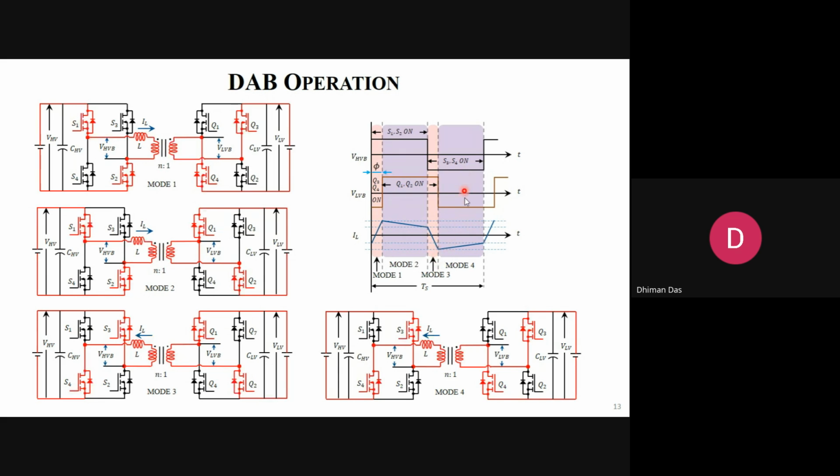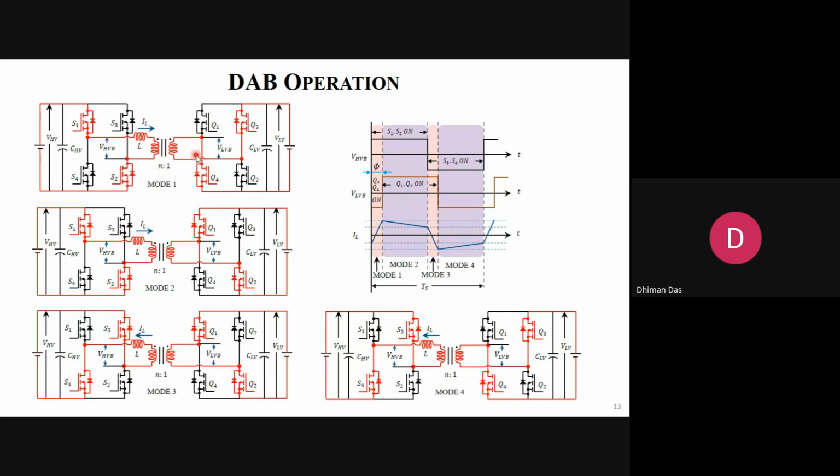Now at mode 4, you can see the voltage appearing across the inductor is 0. That means the current is trying to discharge. In this way, a bipolar current is generated across the inductor.